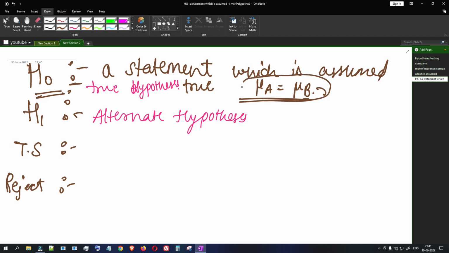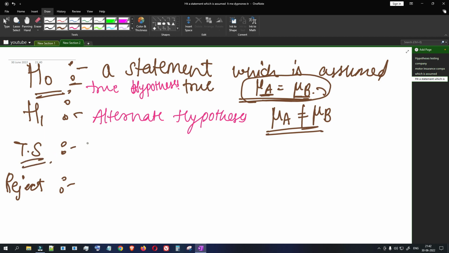In the H0 case, we have assumed that mu A is equal to mu B. In H1 we will say that mu A is not equal to mu B. Alright, the alternative hypothesis is something which is possible if the statement is not true. For example, I have said that drug A and B are equally effective. So what could be the alternative? That they are not equally effective, and this is what I mean by this statement.